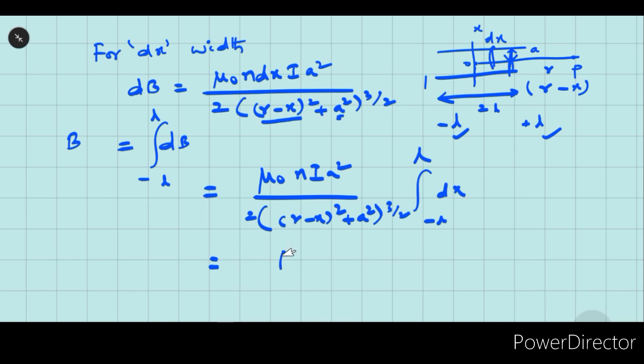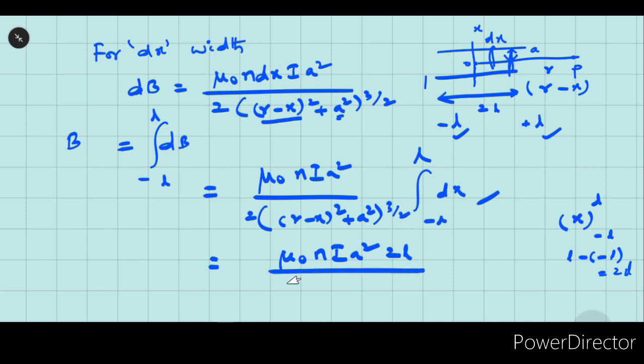Then we get mu naught n into I into a square. This integral value we get integration of 1 dx is x. By substituting the limits plus L to minus L, we get L minus of minus L, which is equal to 2L. The integration value is 2L divided by 2 into r minus x whole square plus a square whole to the power of 3 by 2.